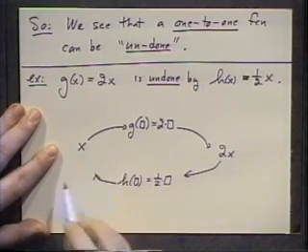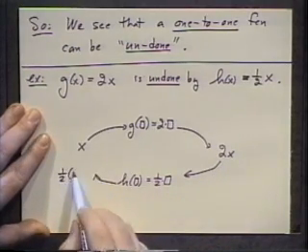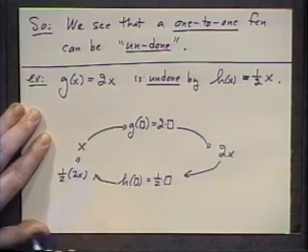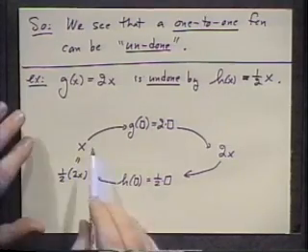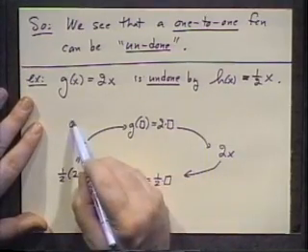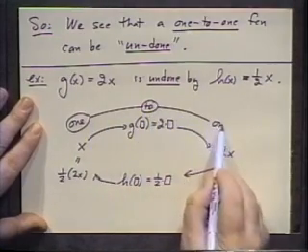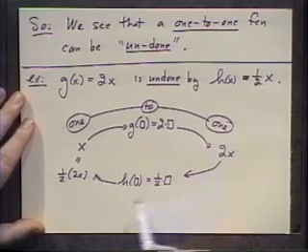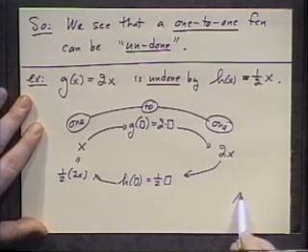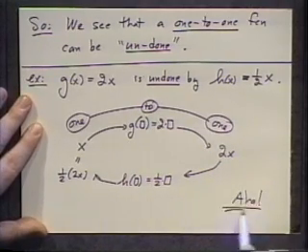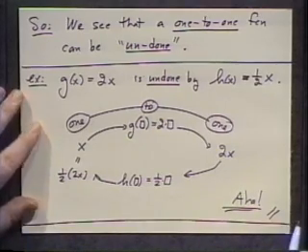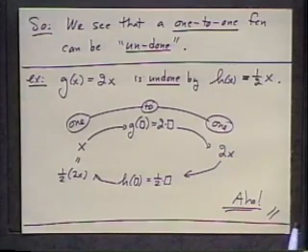What do we end up with? We end up with 1/2 of 2x, which of course is equal to the original x. So we've gone forward, and this was 1 to 1 going forward, and the reverse is also 1 to 1 going backwards. So maybe we have a little bit of an aha moment here, and we have a pretty good idea of what sorts of functions are going to be reversible.